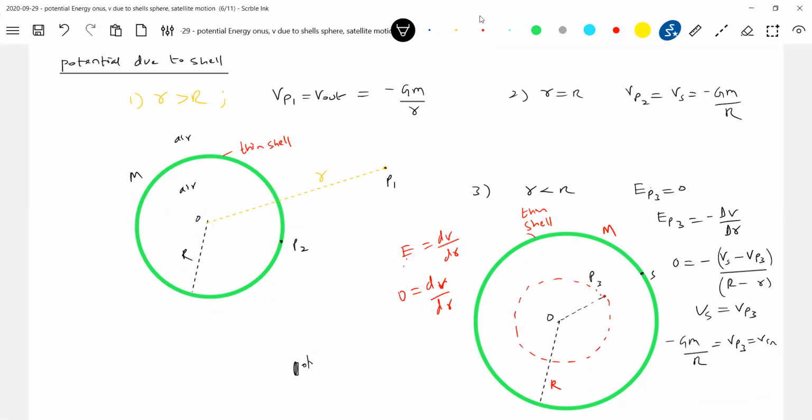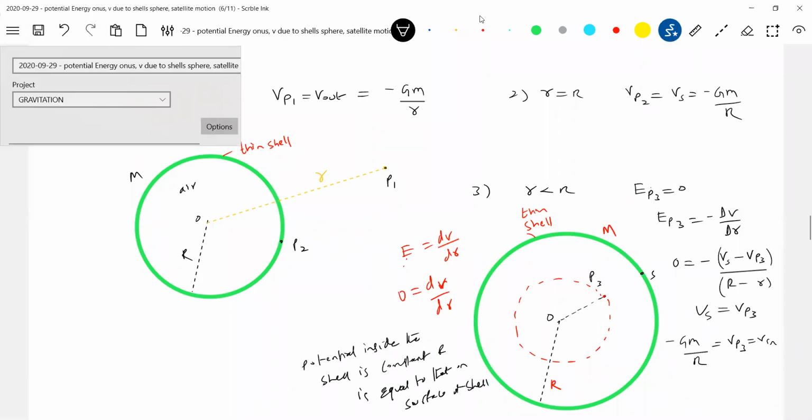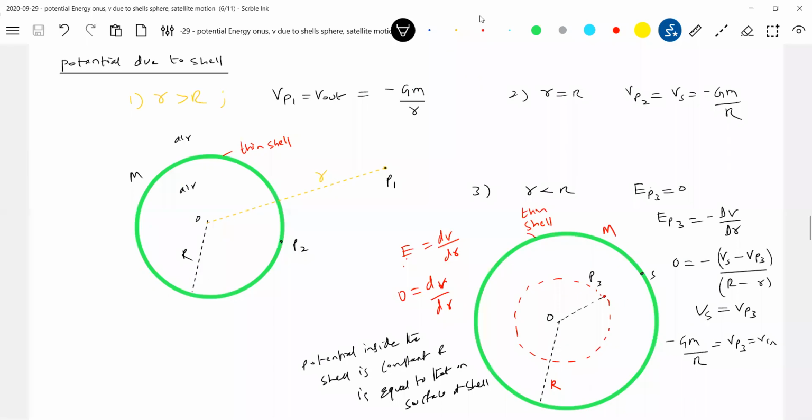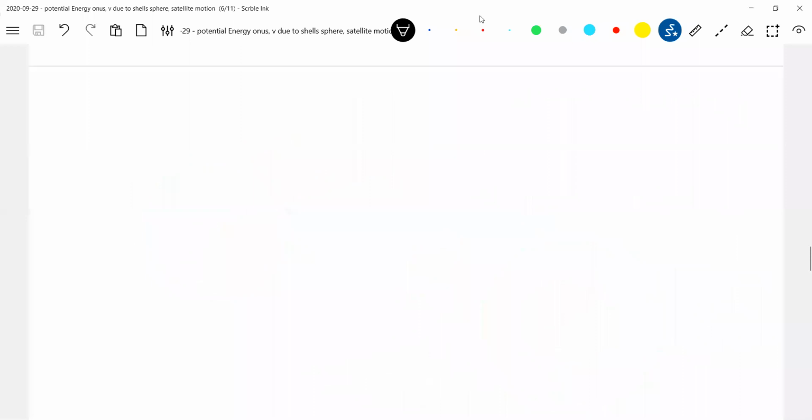The potential inside is equal to that on the surface. This is all the information. Rather than calling it a concept, according to me, they are all just information. You must know them when you get into the numericals. Let's take some questions on this.